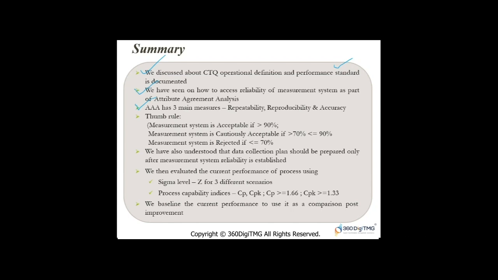AAA has 3 measures. We have looked into repeatability, reproducibility, and accuracy. And we looked into these thumb rules. Measurement system is acceptable if it's greater than 90%. It is conditionally acceptable if it is greater than 70% and less than or equal to 90%. And measurement system is rejected if it is less than or equal to 70%.